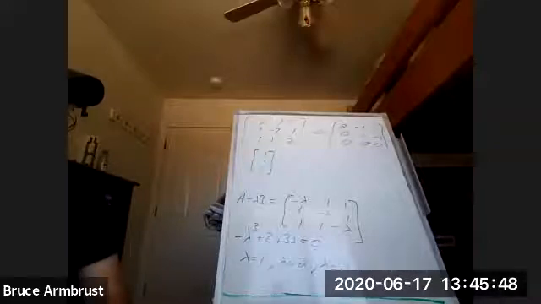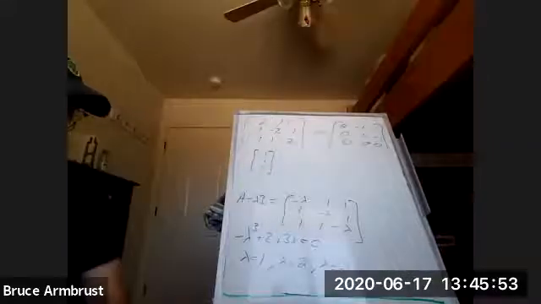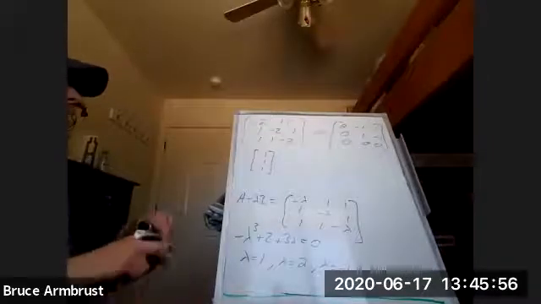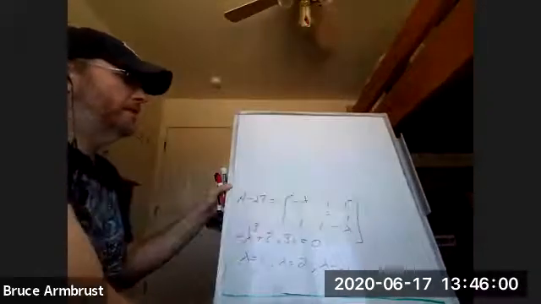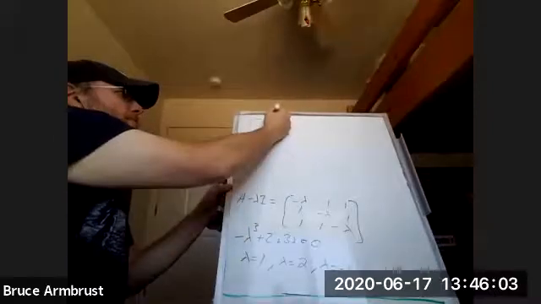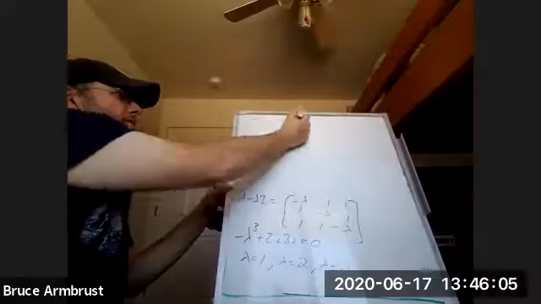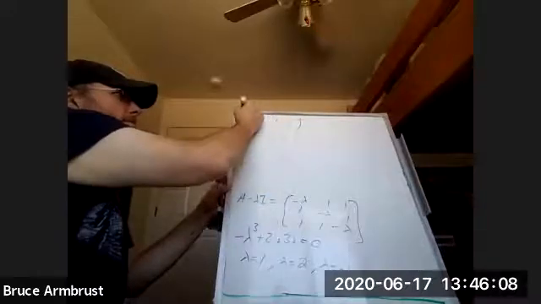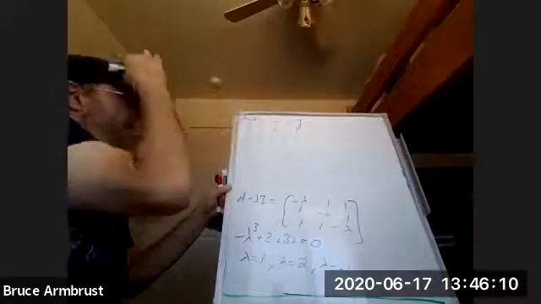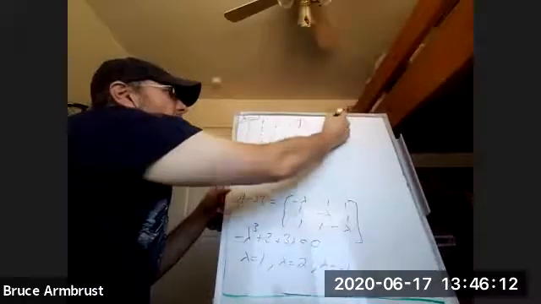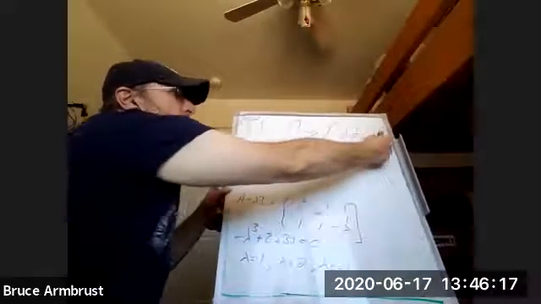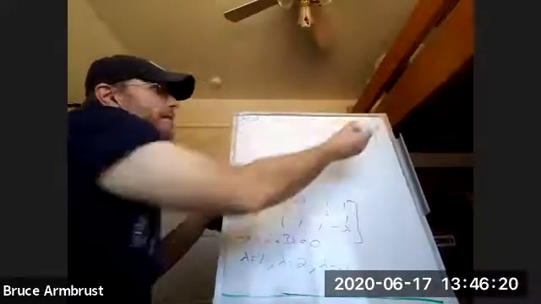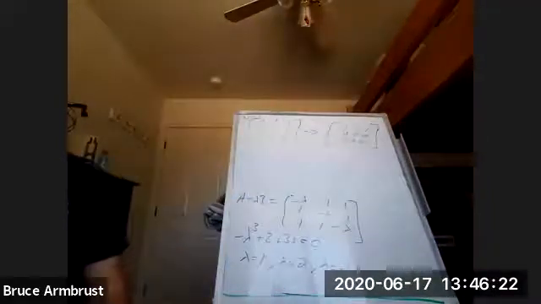So then lastly, let's put in lambda minus 1. When we put in a lambda of minus 1, that turns this matrix into a matrix of all ones. And that sucker is going to reduce down to 1, 1, 1, and then 2 rows of zeros.